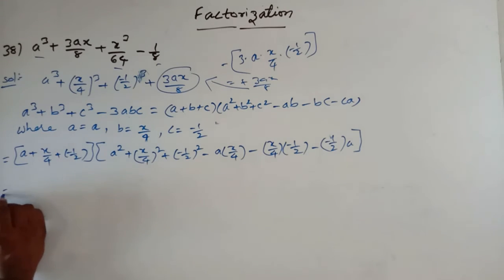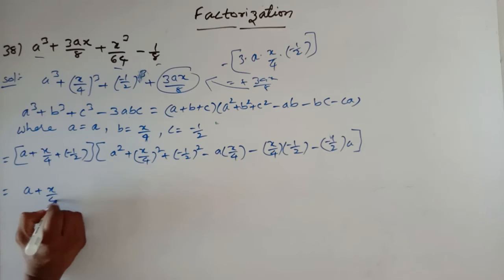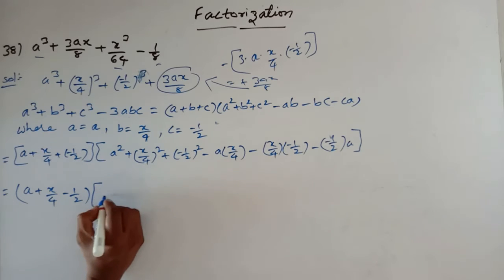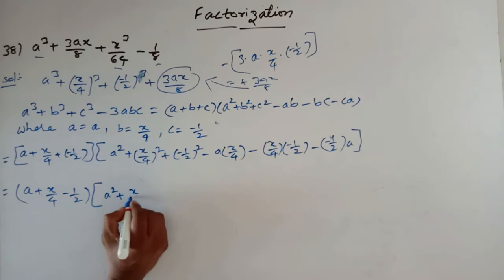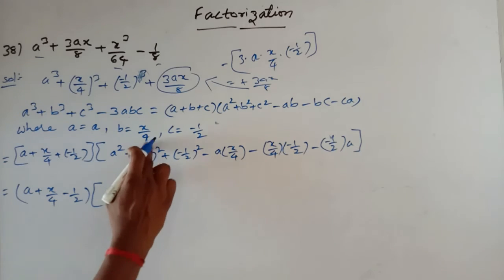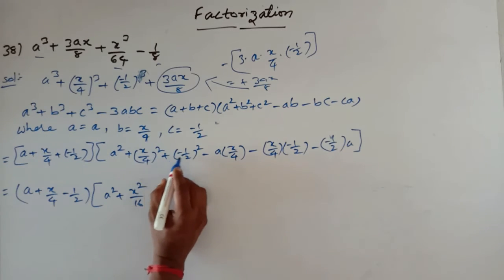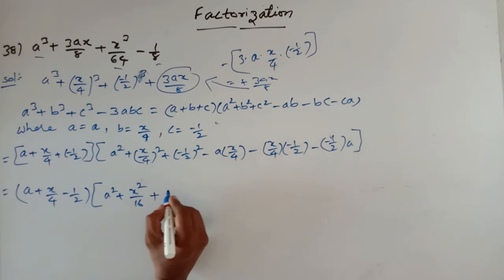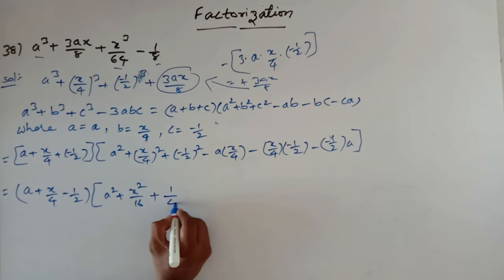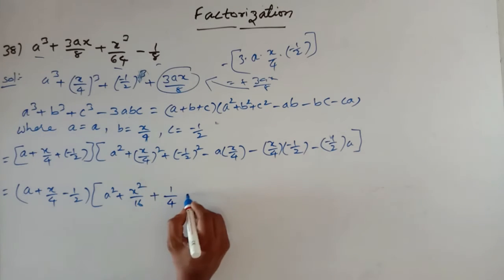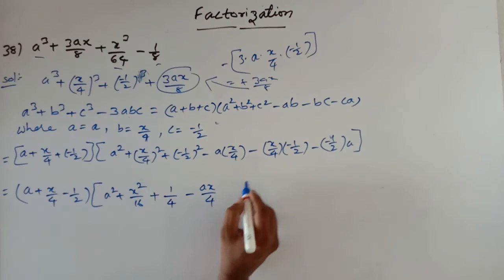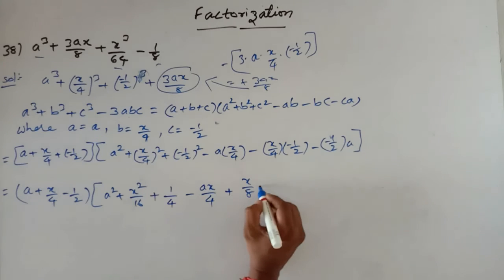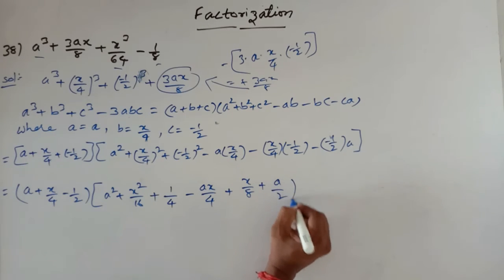Now simplify this, that's equal to a plus x by 4 plus into minus is minus 1 by 2 into a square plus x square by 16, x by 4 into x by 4 is x square by 16 plus here minus 1 by 2 whole square is minus 1 into 1 by 2 into 2, that is minus into minus is plus 1 into 1 is 1 by 2 2s are 4 plus into minus is minus ax by 4 minus into minus is plus x by 8 minus into minus is plus a by 2.